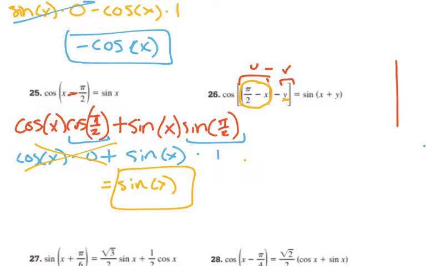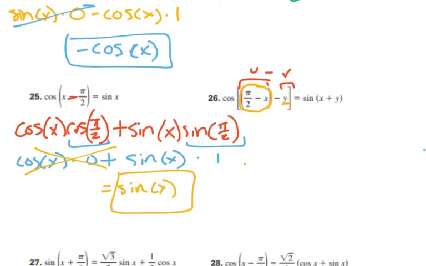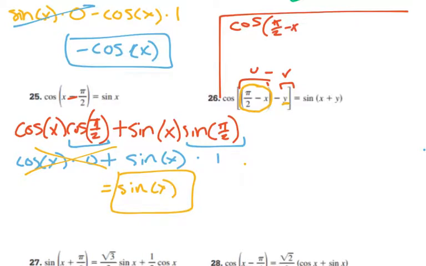I'm going to need a little bit more room for this, so I'm going to start writing up here. So let's see, we're going to do cosine of u, which is going to be pi over 2 minus x, and then times cosine of y, and then to that we're going to add sine of u, which is pi over 2 minus x, times sine of y.